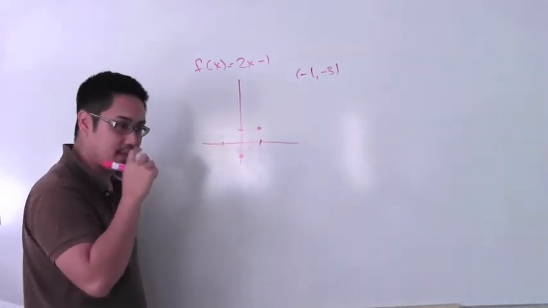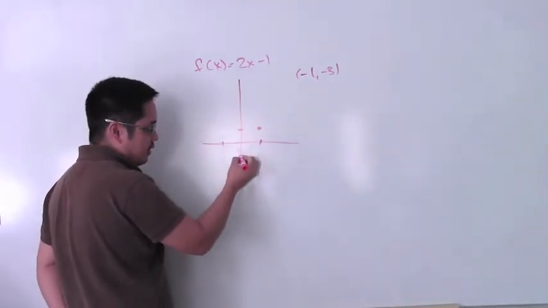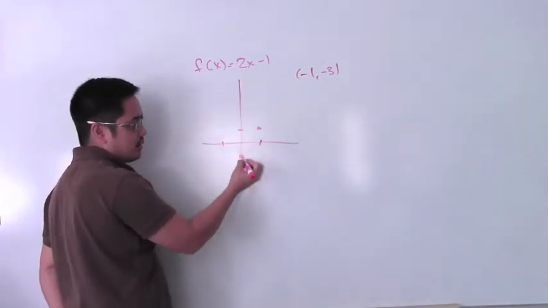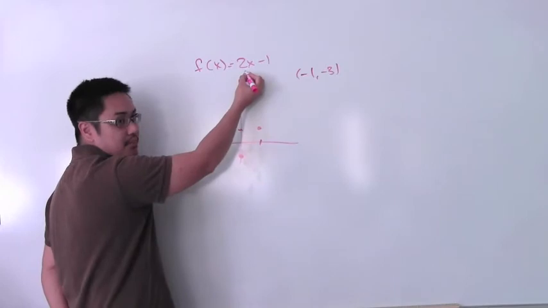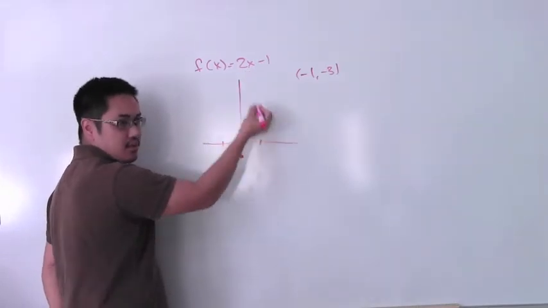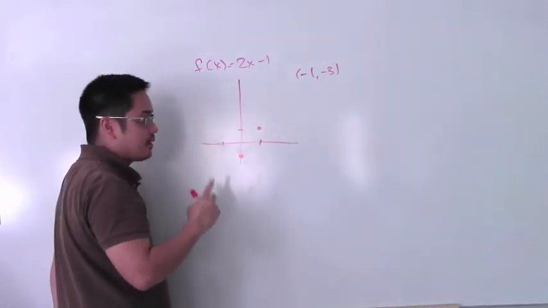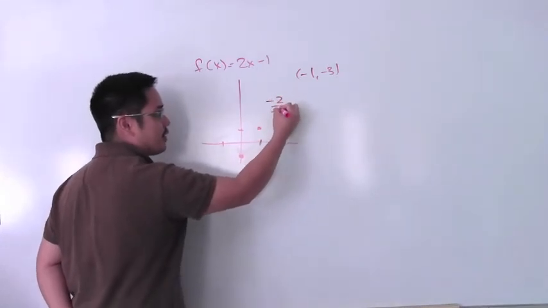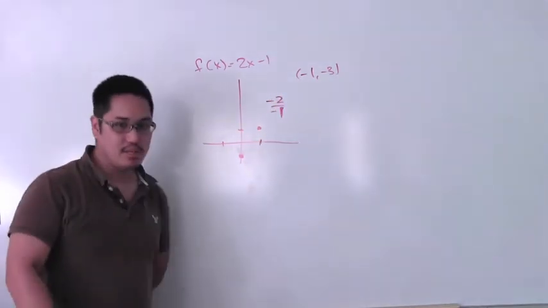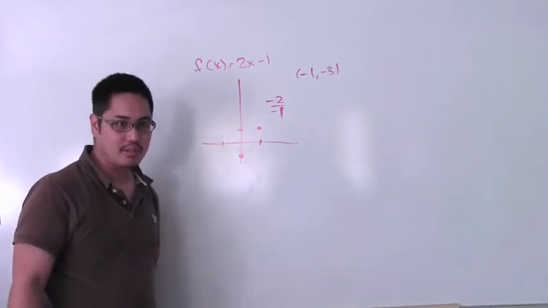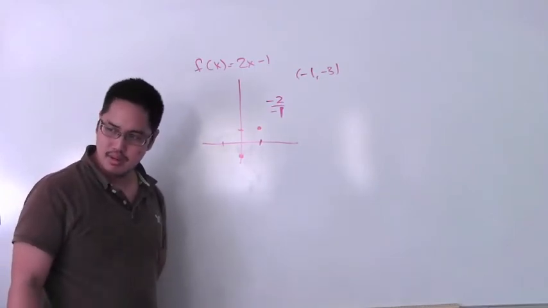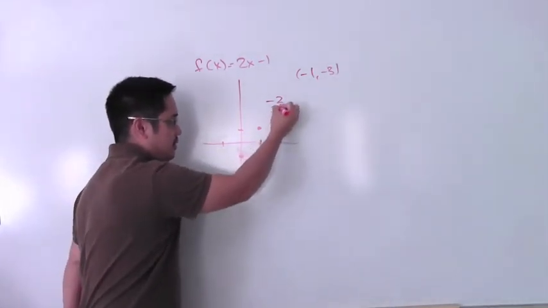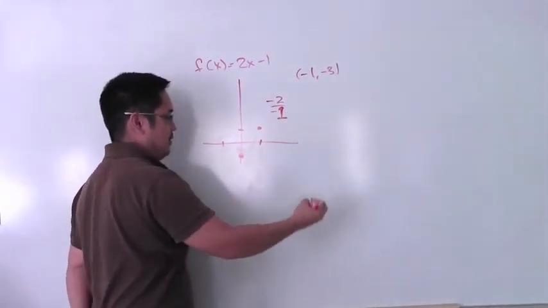We can also verify that it's on the graph if you look at over here. If I have positive 2, I go up 2 and across 1. That's the slope, right? I would argue that that's the same thing as going negative 2 over negative 1. Because what is negative 2 divided by negative 1?